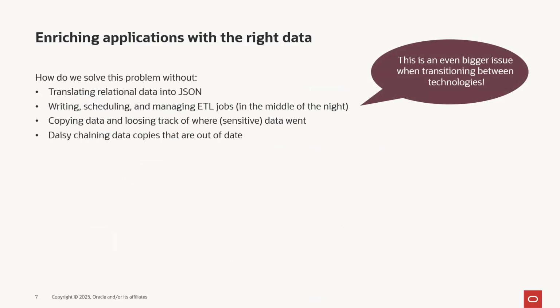So what we're proposing here, we're going to semi-implement, is that we're going to solve all of this without, and of course we will translate relational data to JSON, but without having to write ETL jobs to do it.